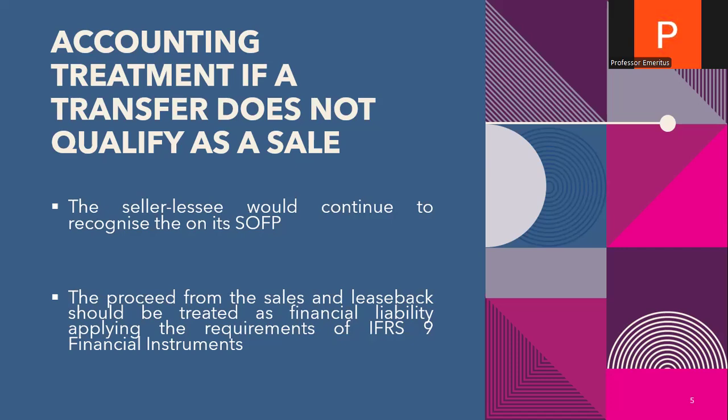If you still dictate how the asset is to be put to use, if you still maintain the asset in terms of repairs, if you pay for things like the insurance associated with the asset, that means that you are still the owner of the asset. It's not been transferred. Therefore, you continue to recognize the asset in your statement of financial position, and the proceeds of sales and leaseback should be treated as a financial liability, applying the requirements of IFRS 9 financial instruments.